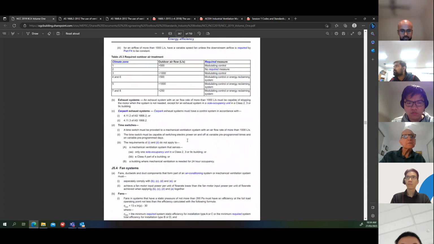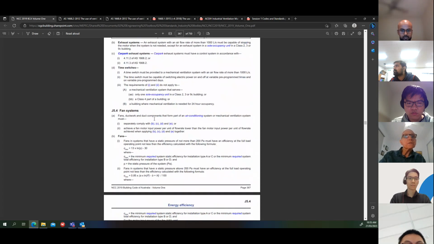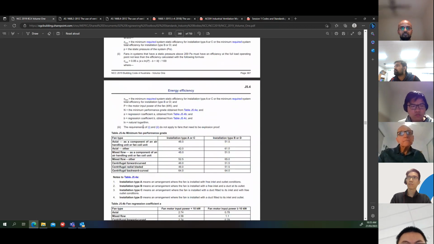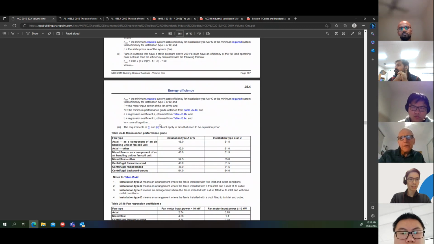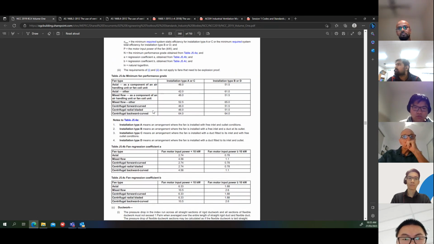Exhaust systems, car park exhaust systems, time switches, fan systems, lots of requirements there. Generally, the fan suppliers will let you know whether their fans comply with the NCC when you're looking at the selection, but be aware that there are requirements there.